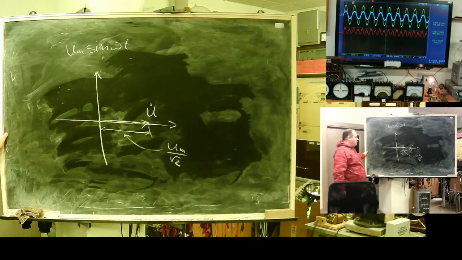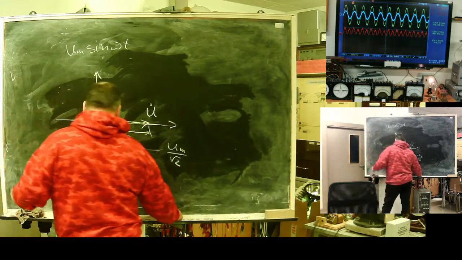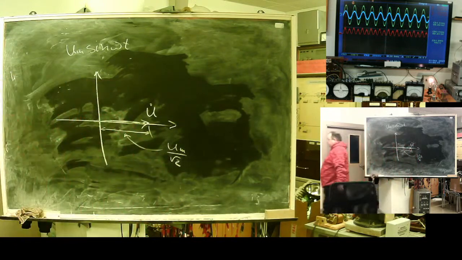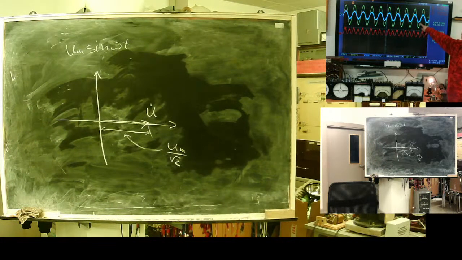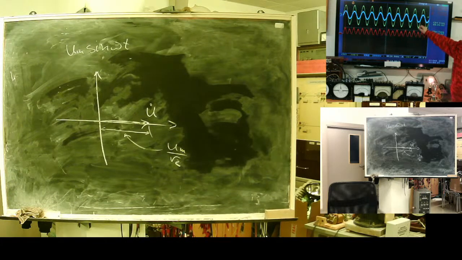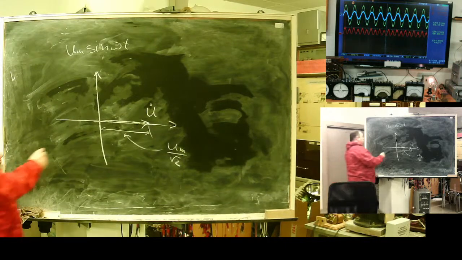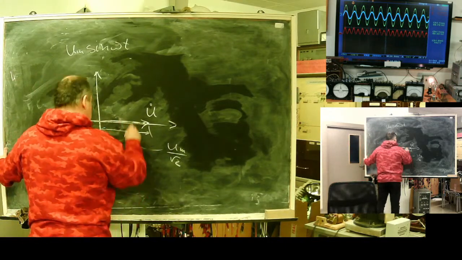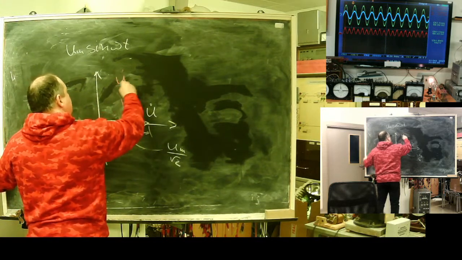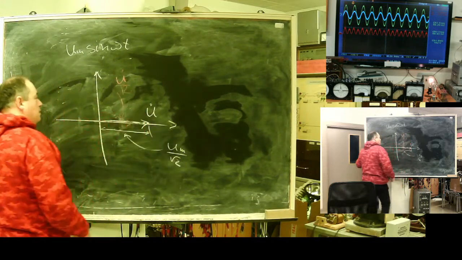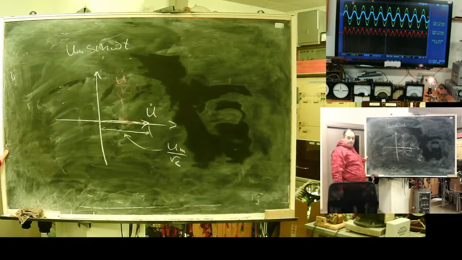Current. This current, active load, see the blue current, it has the same angle as the voltage. So it will be U divided by R. Simple.